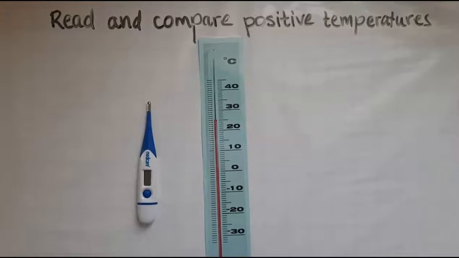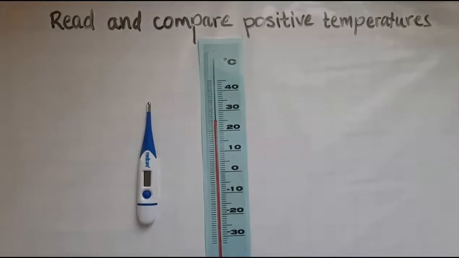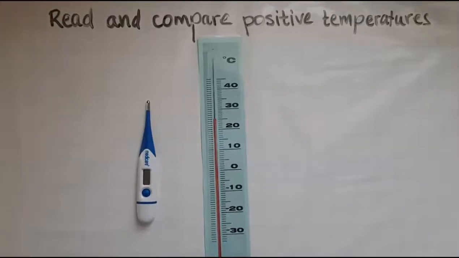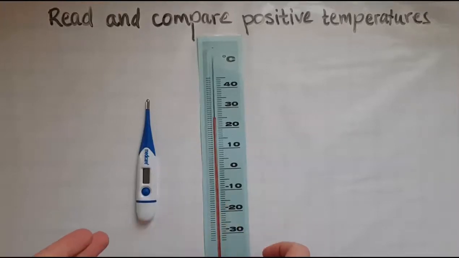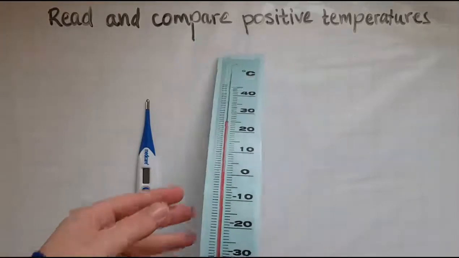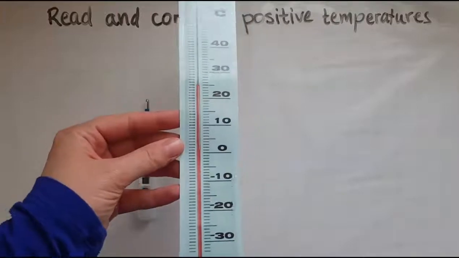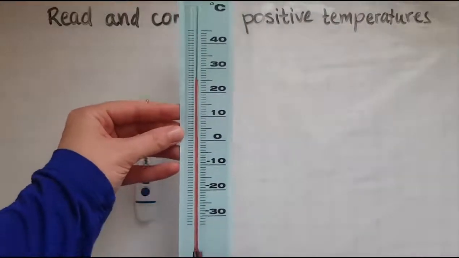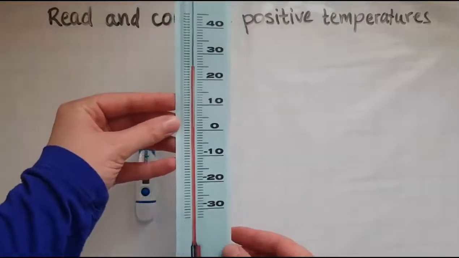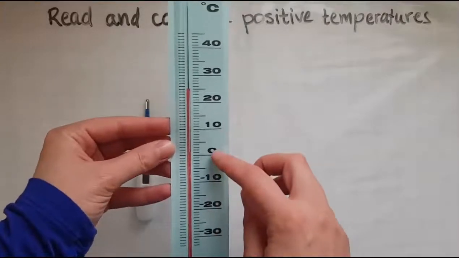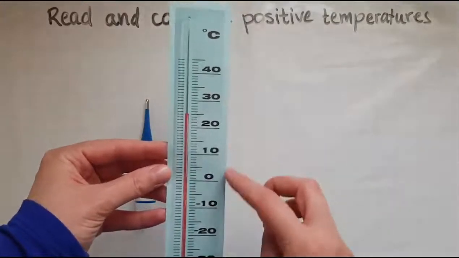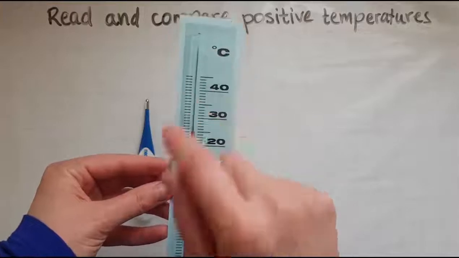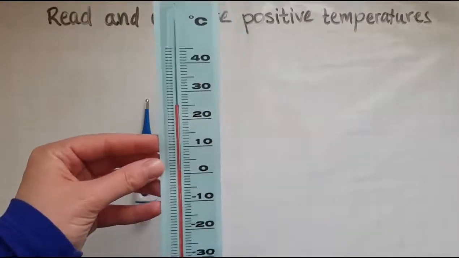In this video, we're going to read and compare positive temperatures. You've probably seen thermometers like this. A weather thermometer looks pretty much like this, where you've got temperatures going up in degrees Celsius.